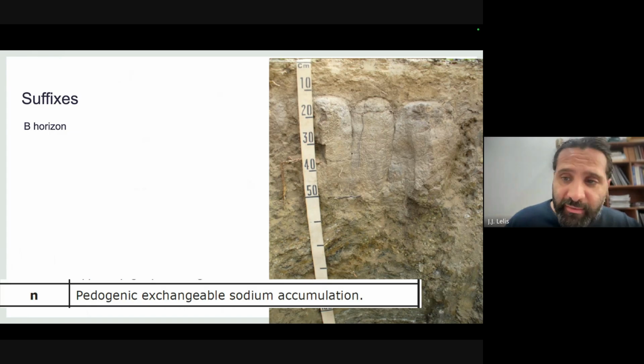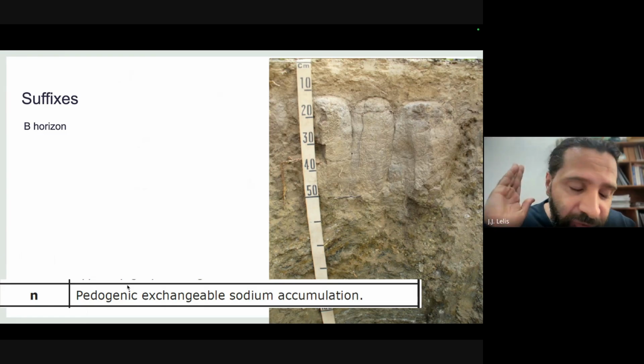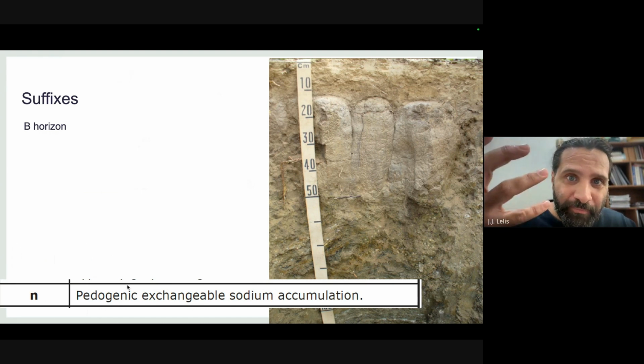Another suffix that's quite important and interesting is the N suffix, that expresses a high percentage of exchangeable sodium, okay? Of course, we don't have anything that could tell you very easily that yes, you register a high sodium accumulation in this specific horizon, but you have some tips, okay?